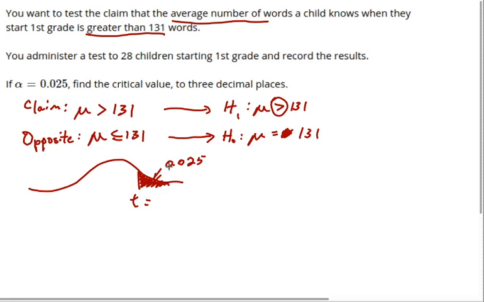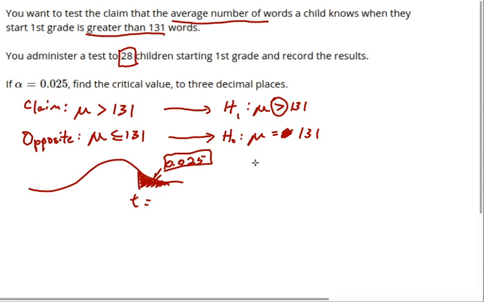So first of all, if I'm going to look at the distribution table, I need to know three things: the significance level, the fact that it's a right tail test, and the number of people in this test.